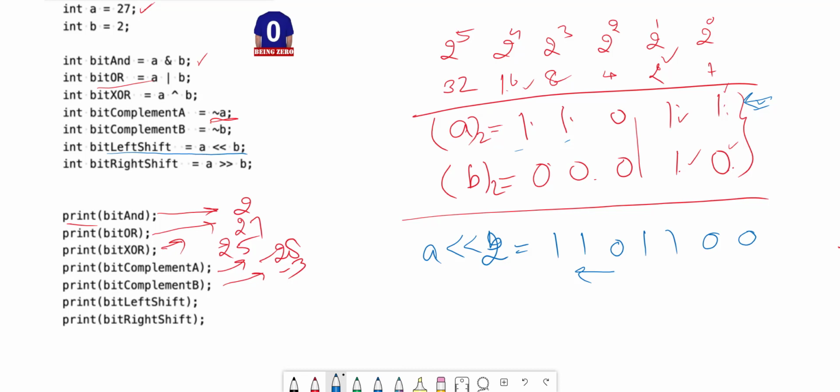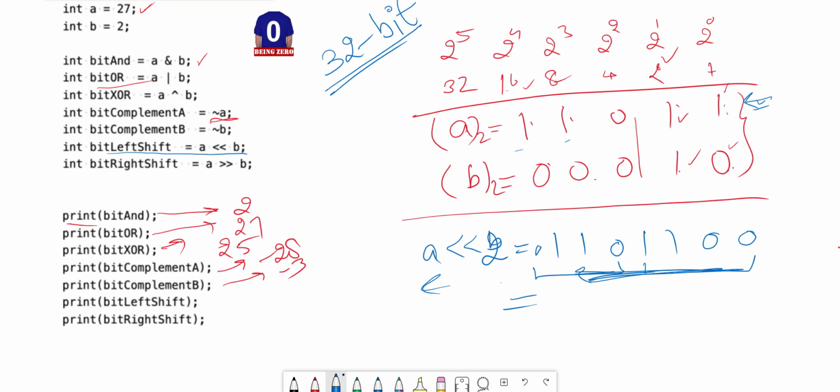Now integers, we know by default, if integers are 32-bit, most languages these days on modern computers have integer as 32-bit. So in 32 bits, if you see, this 4 and this 4, these are 8 bits only. That means there is more room to move them left. So what is this number after moving A 2 times to the left?